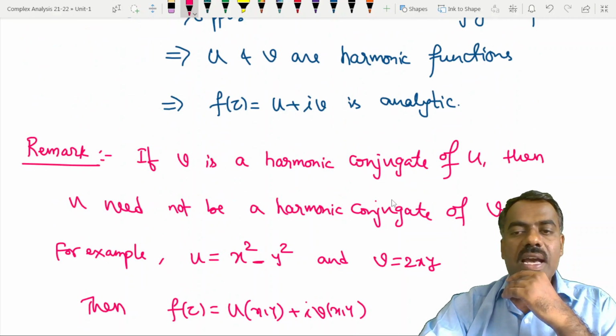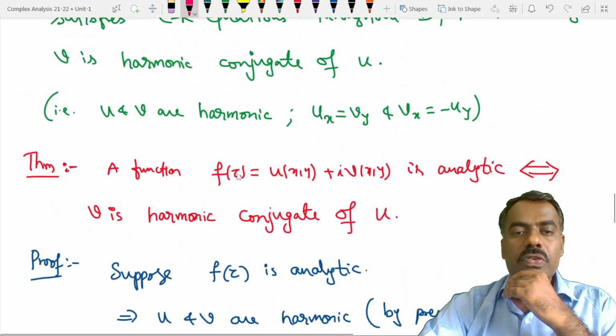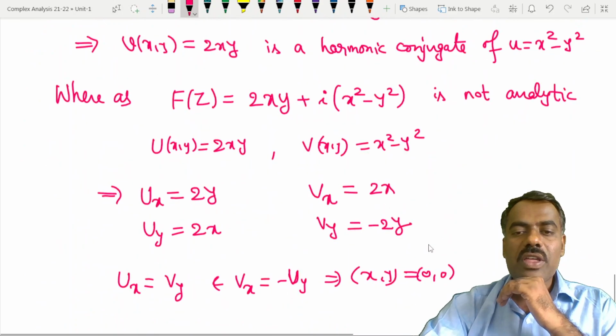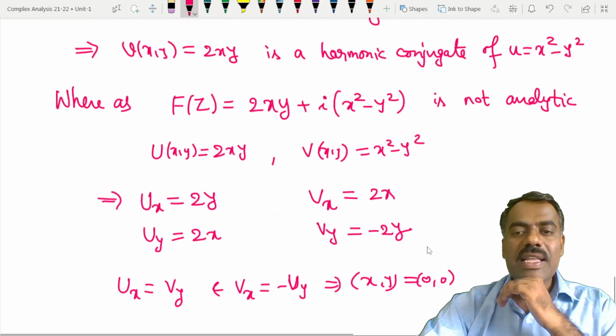If v is harmonic, and f(z) = u(x,y) + i v(x,y), then we say that v is a harmonic conjugate of u. Here, this is not analytic.